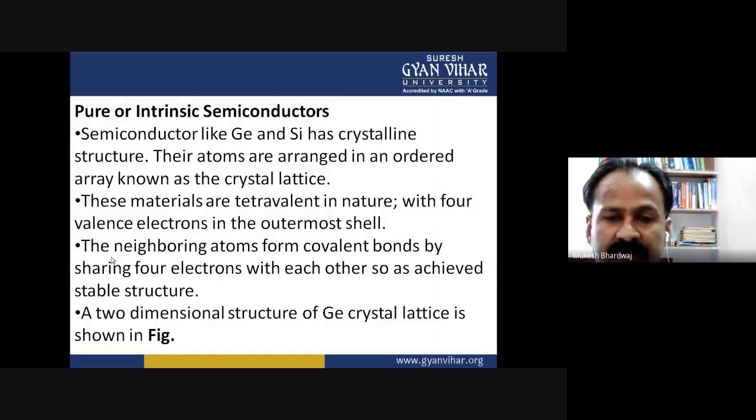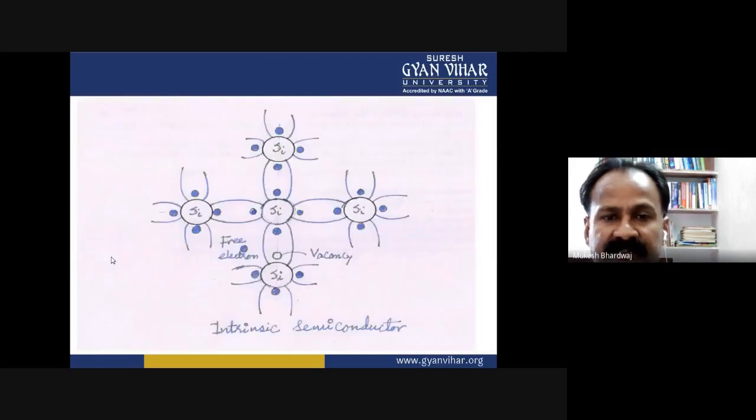So instead of germanium, I'm showing the lattice structure of silicon. All the silicon atoms in a crystal lattice, or in the ordered form, are arranged like this. Every silicon atom is bonded to its neighbor silicon atom.